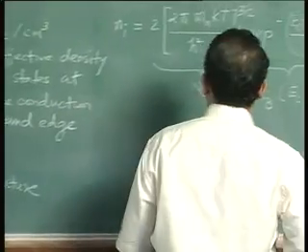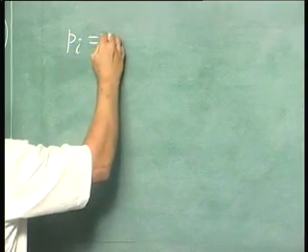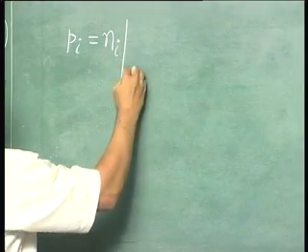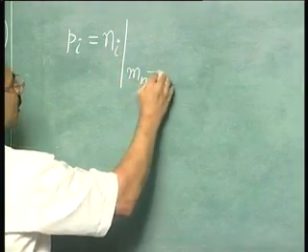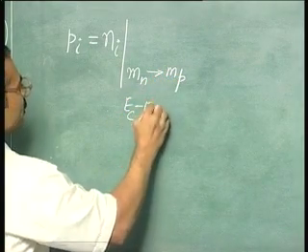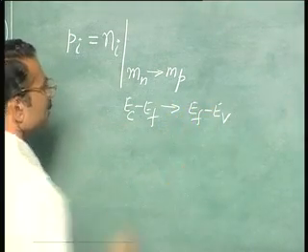So your formula for Pi would be the same as the formula for Ni with the replacements Mn replaced by Mp and Ec minus Ef replaced by Ef minus Ev.